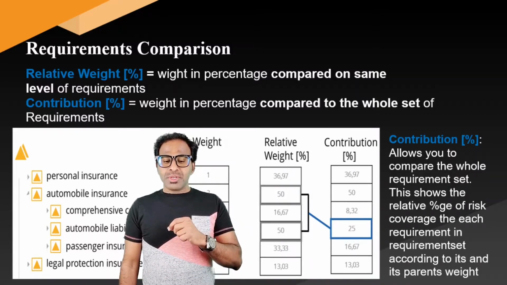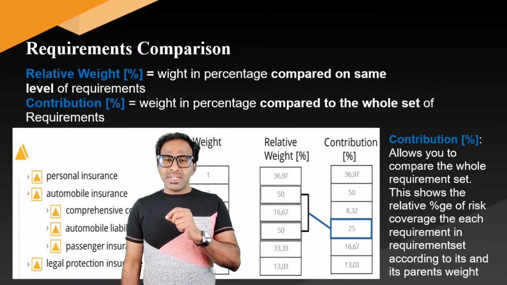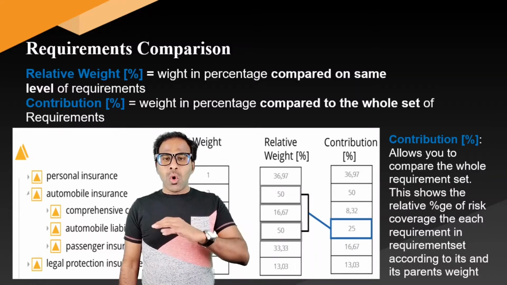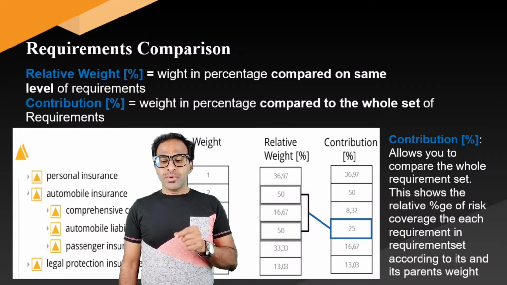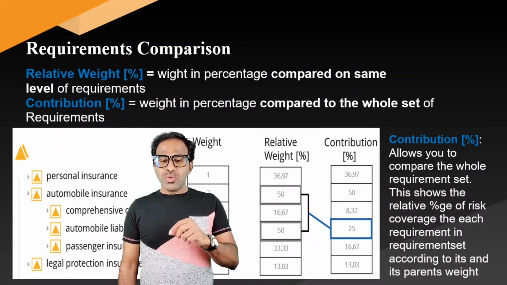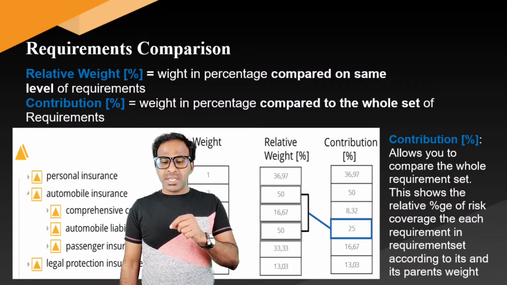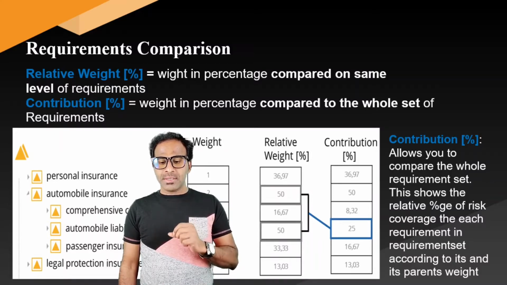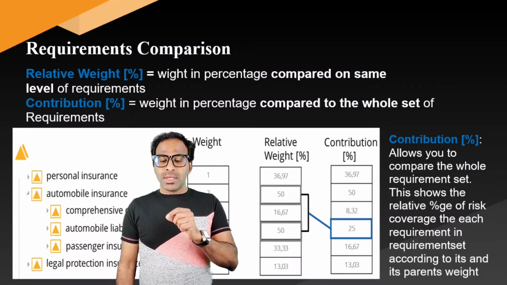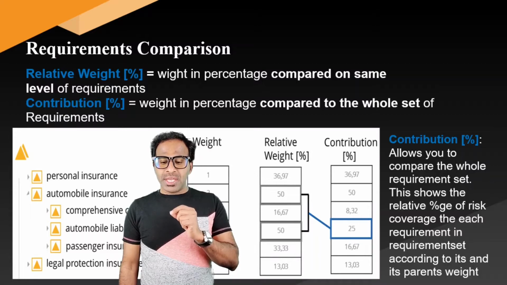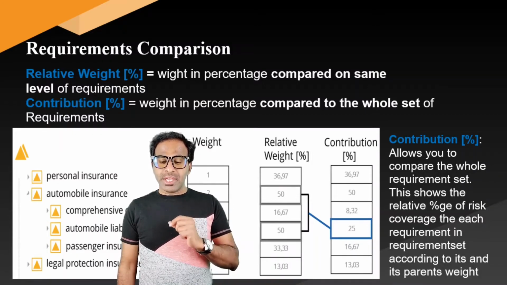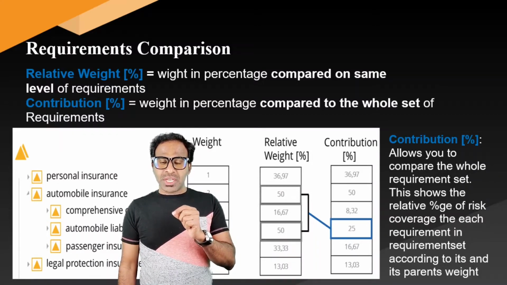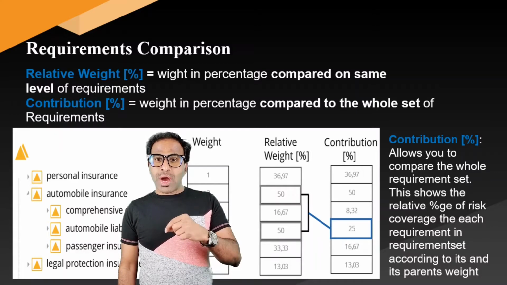The contribution percentage is the weight in percentage compared to the whole set of requirements, which means it allows you to compare across the whole requirement set. This shows the relative percentage of risk coverage of each requirement in the requirement set.